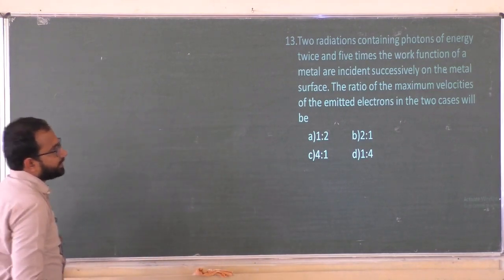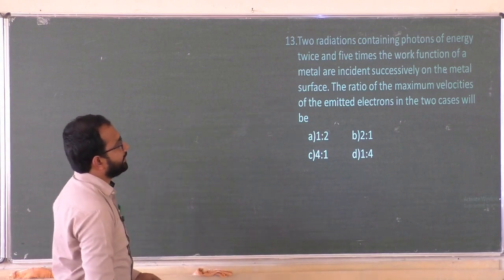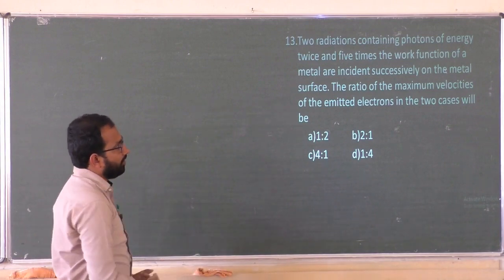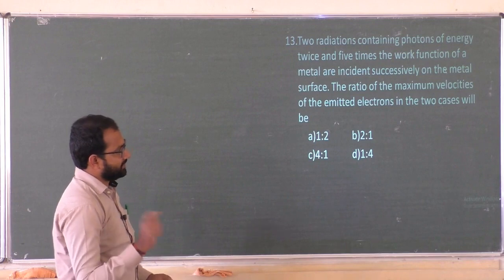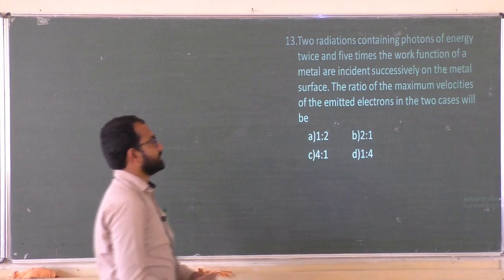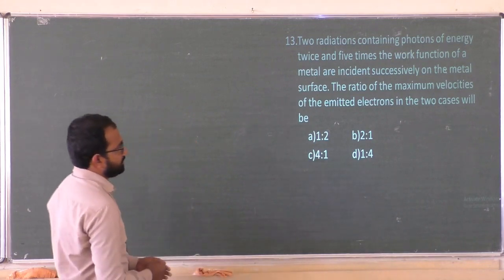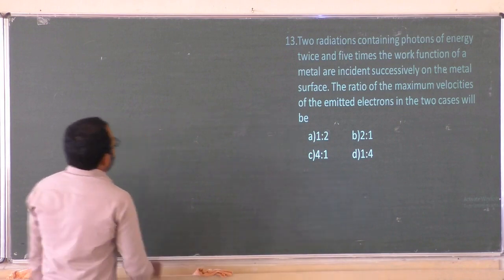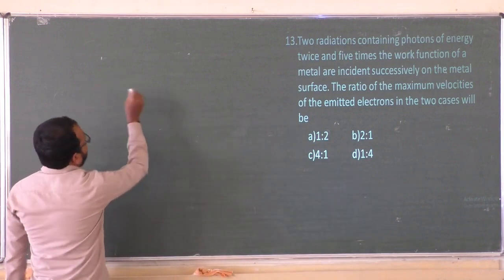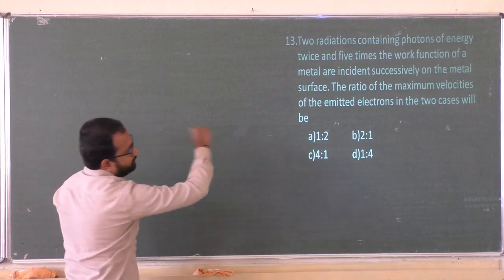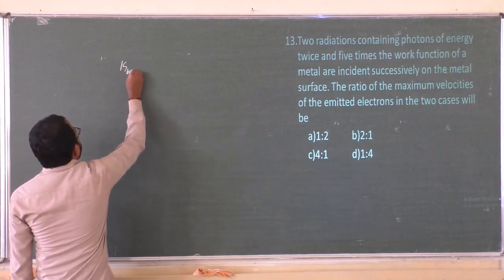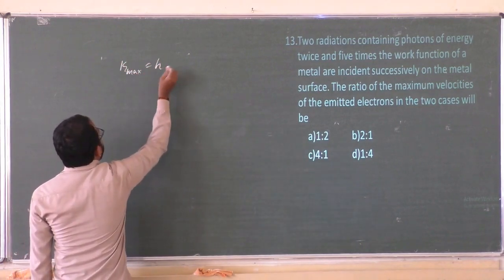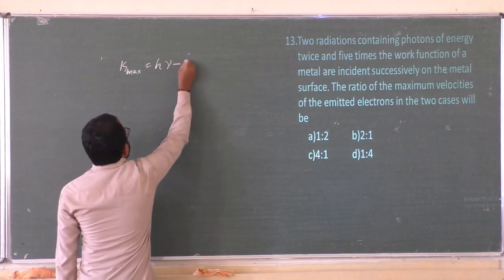Two radiations containing photons of energy twice and 5 times the work function of a metal are incident successively on the metal surface. The ratio of maximum velocities you have to find out. Okay, so we have the kinetic energy. K maximum is equal to h nu minus phi naught.